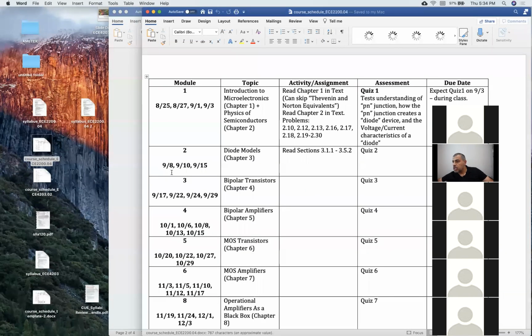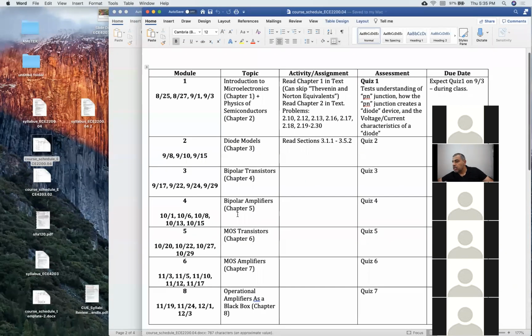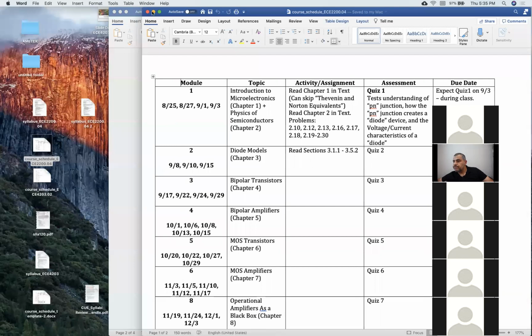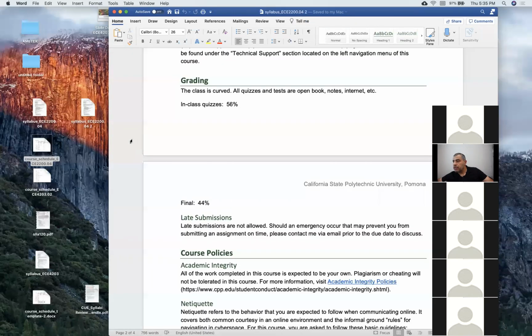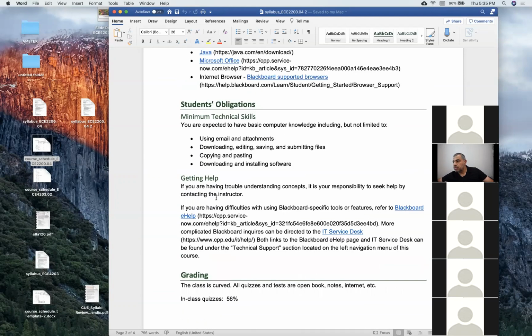So in terms of the schedule, we're going to have 7 quizzes. The way it's going to work is, at the beginning of the class, I'll put up the quiz. You guys will have 30 minutes to work on it. It'll be 1 or 2 problems, and you complete them and send me what you have.